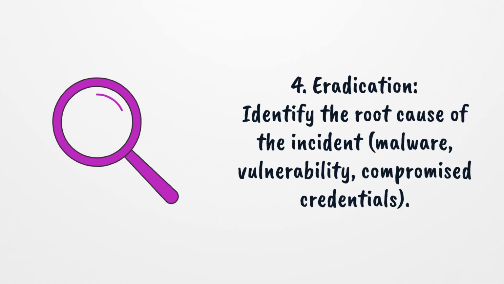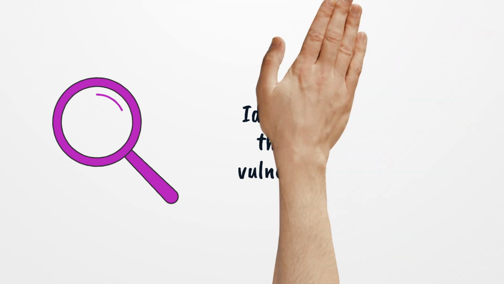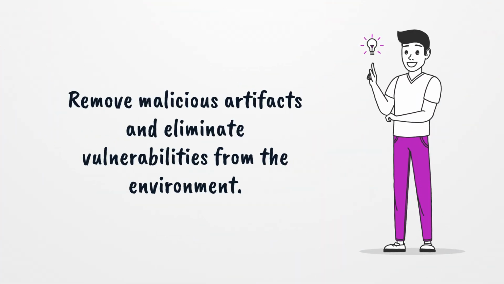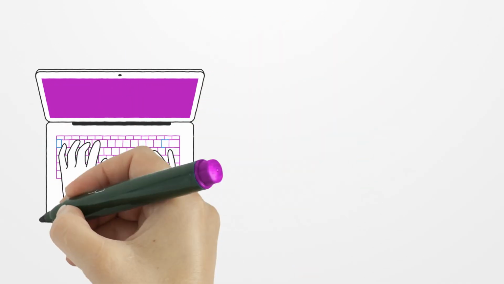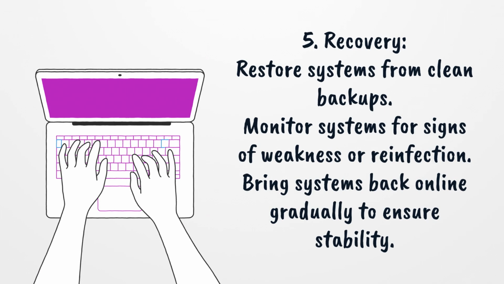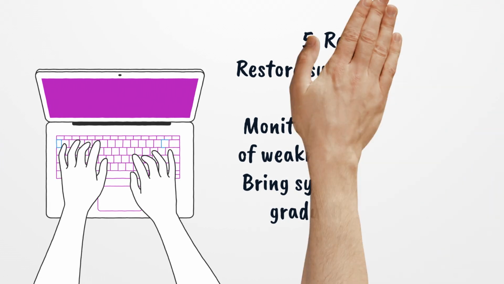Identify the root cause of the incident, malware, vulnerability, compromised credentials. Remove malicious artifacts and eliminate vulnerabilities from the environment. 5. Recovery. Restore systems from clean backups. Monitor systems for signs of weakness or reinfection. Bring systems back online gradually to ensure stability.